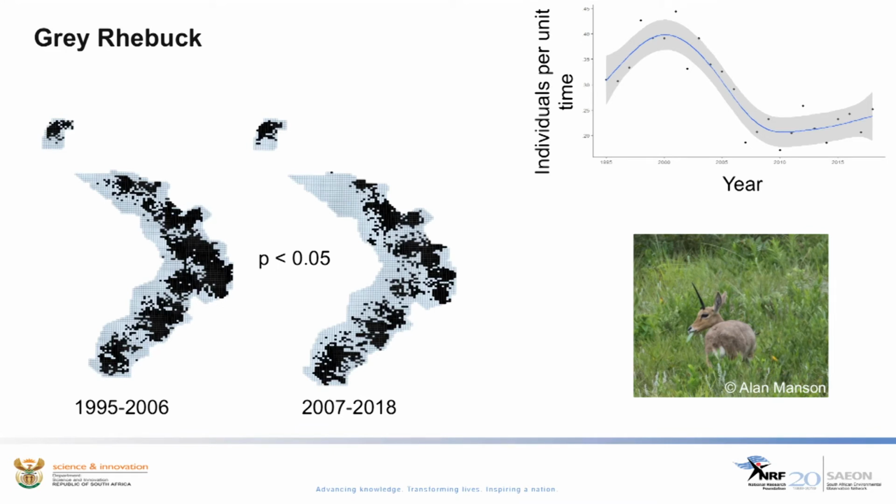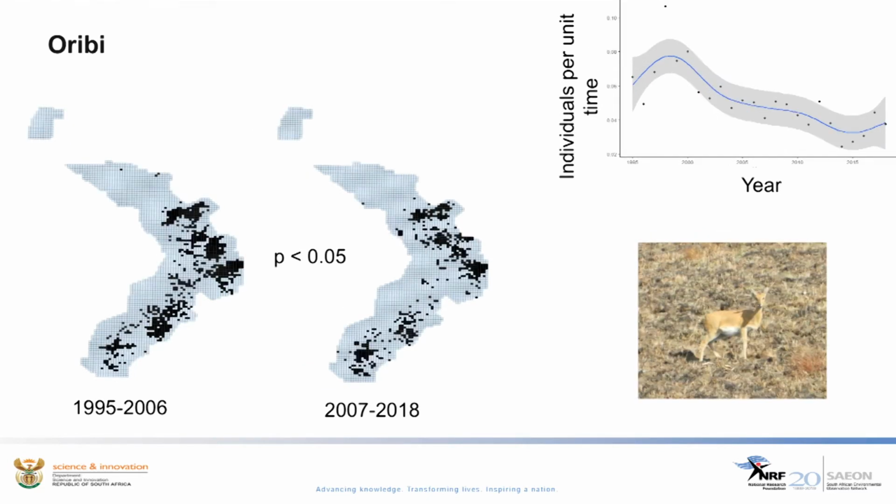Grey rhebuck and oribi populations, which oribi will be in the next slide, they both experience a slight initial increase in population numbers, followed by a continuous decline over the years. And again, for both these species, there's a significant decrease in distribution over the years. And oribi being grassland specialists under major threat, with majority of their populations declining in KwaZulu-Natal.